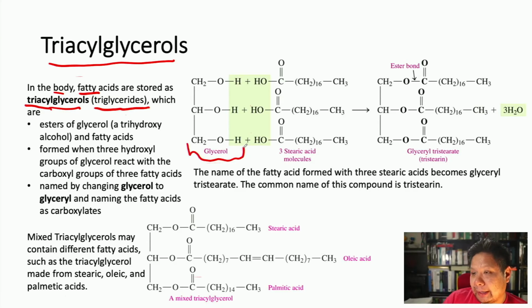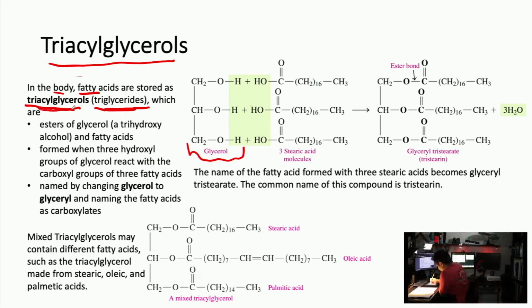So that's why it's a triacylglycerol. You'll hear me use triglycerides and triacylglycerols probably synonymously, interchangeably. But for the purpose of this class, use the word triacylglycerol.